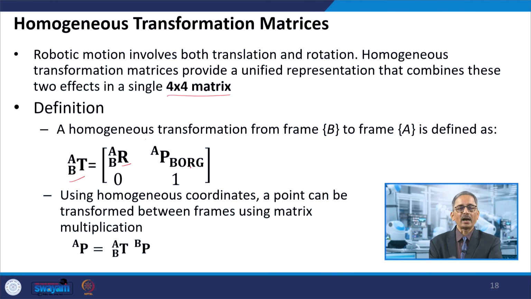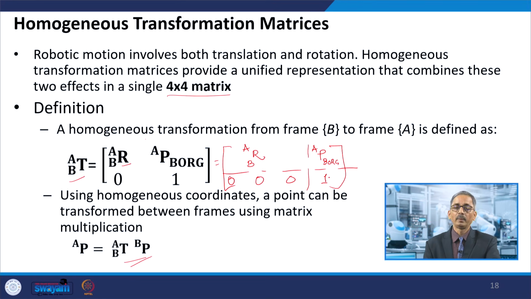As I said, using homogeneous coordinates, a point can be transformed between frames using just simple matrix multiplication. Here you have P, B origin expressed with respect to frame A, and here you have R B expressed in terms of frame A, and here you have 0 0 0 and 1.